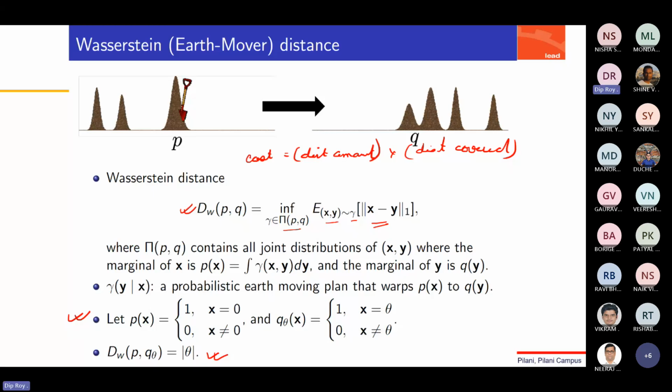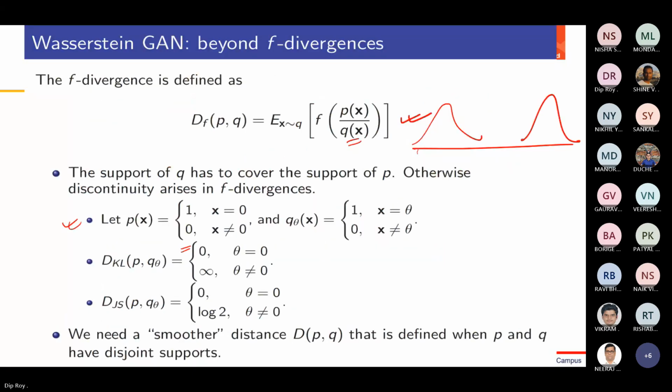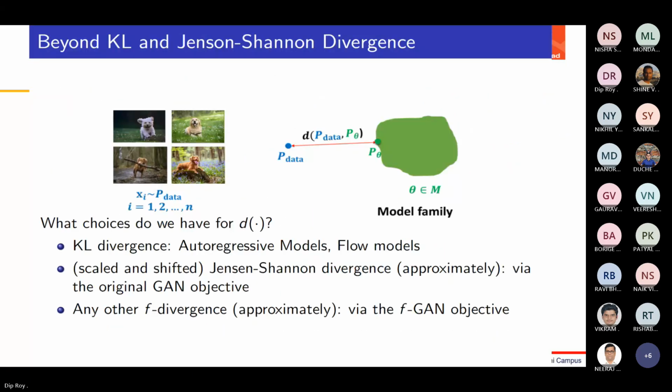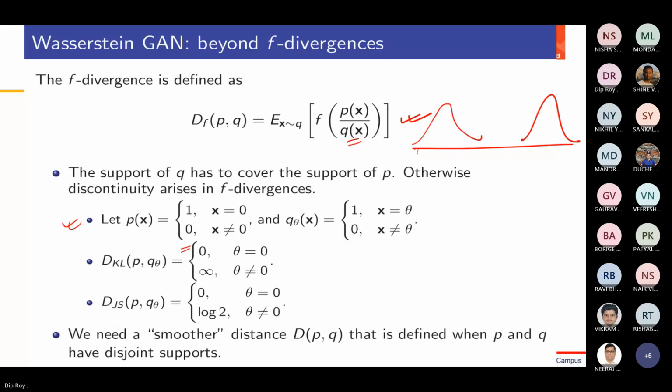Any questions on this particular part? Any questions on why earth mover distance is needed and why we wanted to get around F divergence?